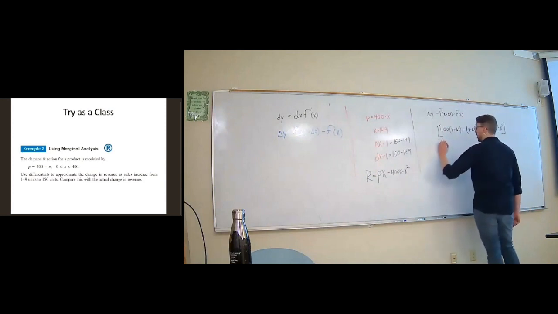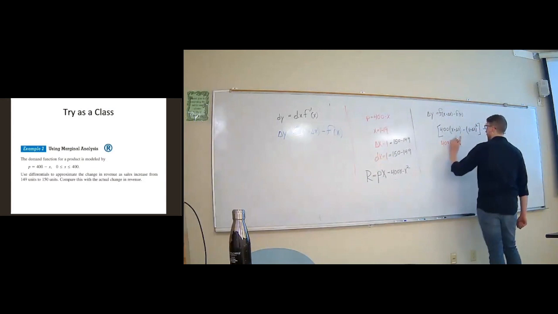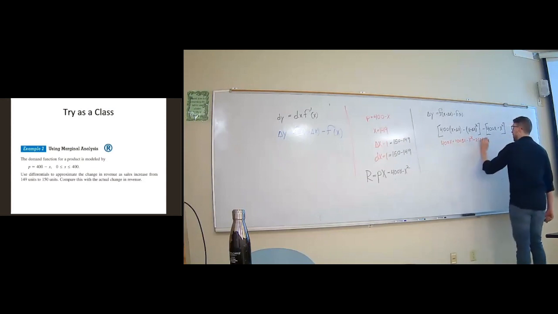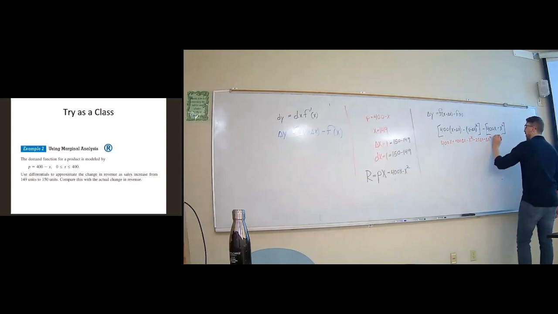To get 400x plus 400 delta x minus x squared plus 2x delta x, my mistake, minus 2x delta x minus delta x squared minus 400x plus x squared.